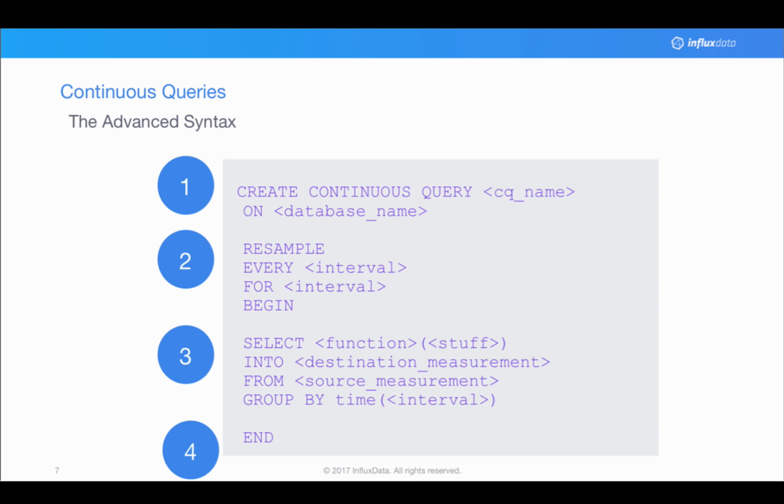And I'm going to constantly rewrite those past minutes where I might have missed data. And this 5-minute interval is going to catch all of the data that I care about. So in that kind of case, you're going to need a resample every for clause in your continuous query. And you can see an example of that there.